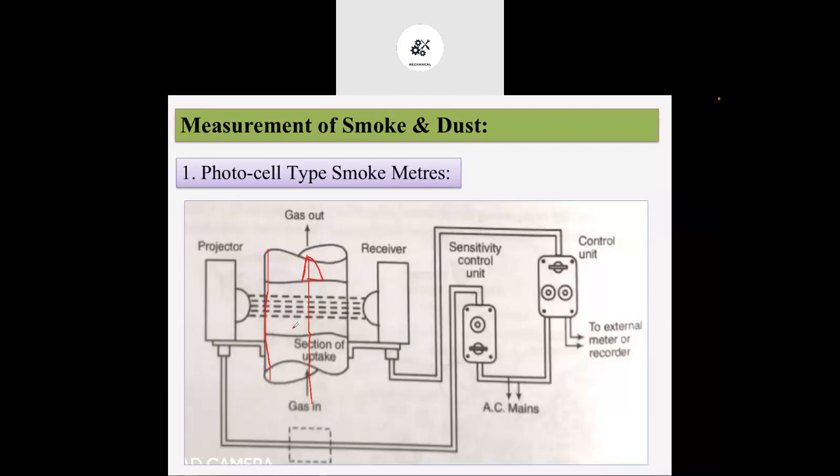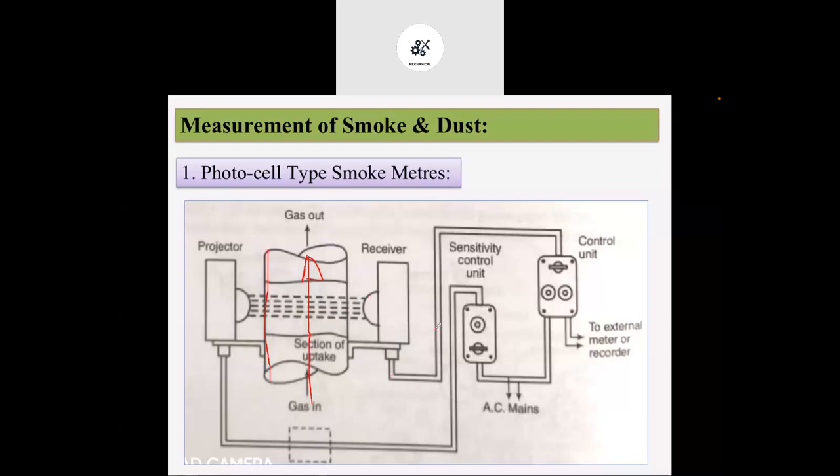If the radiation received by the receiver is less, then the amount of smoke or dust particles present inside the flue gases is more. So simply with this light projector or emitter and receiver assembly, we can find out the amount of smoke and dust particles present inside the flue gases.